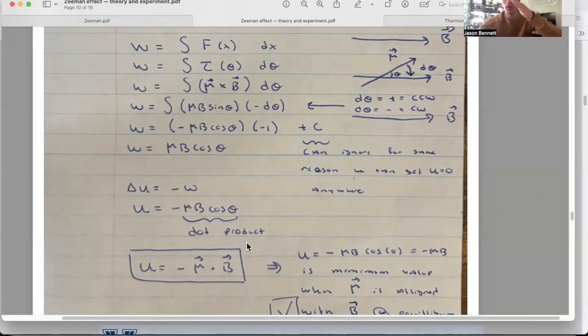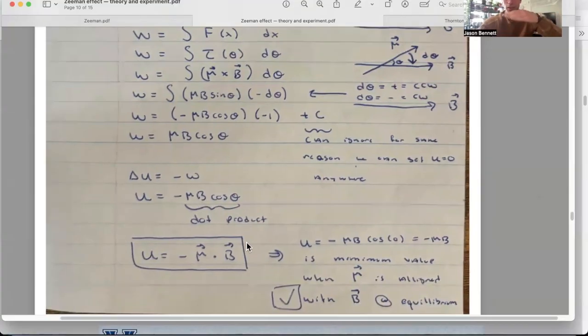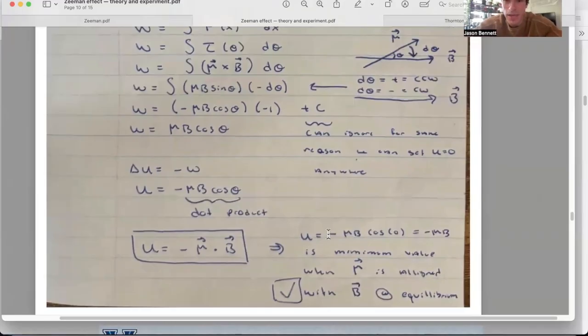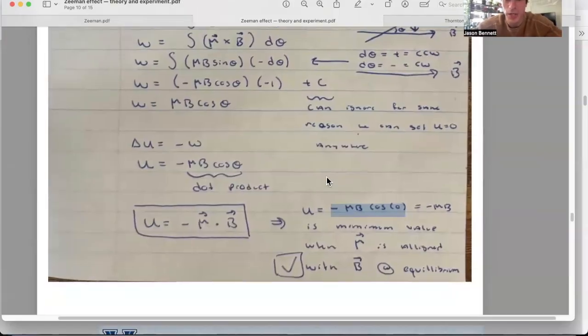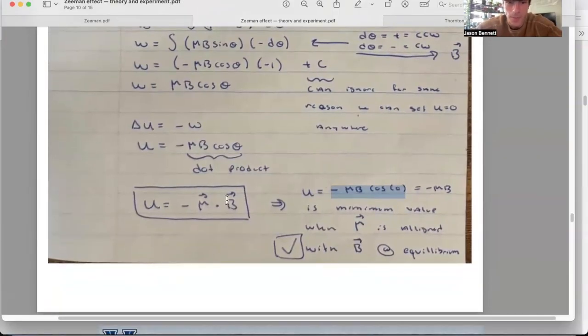It's when the dipole is in the same direction as the magnetic field, which is angle zero, and that's as big as this can be, well, because there's a negative, it's as small as it could possibly be. And when is something in stable equilibrium? When its potential energy is minimized. Just like when something's on the ground, its potential energy is zero. That's as low as it can get. So you say something's in equilibrium when its potential energy is minimized.